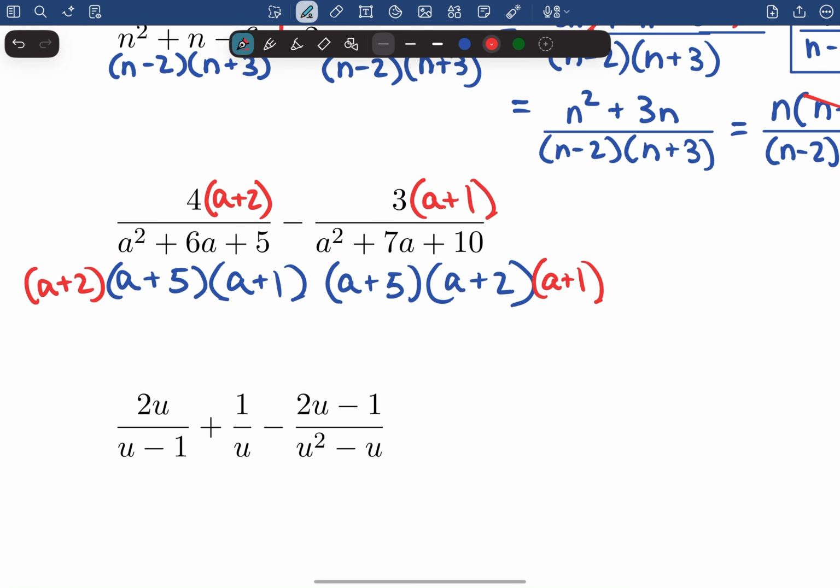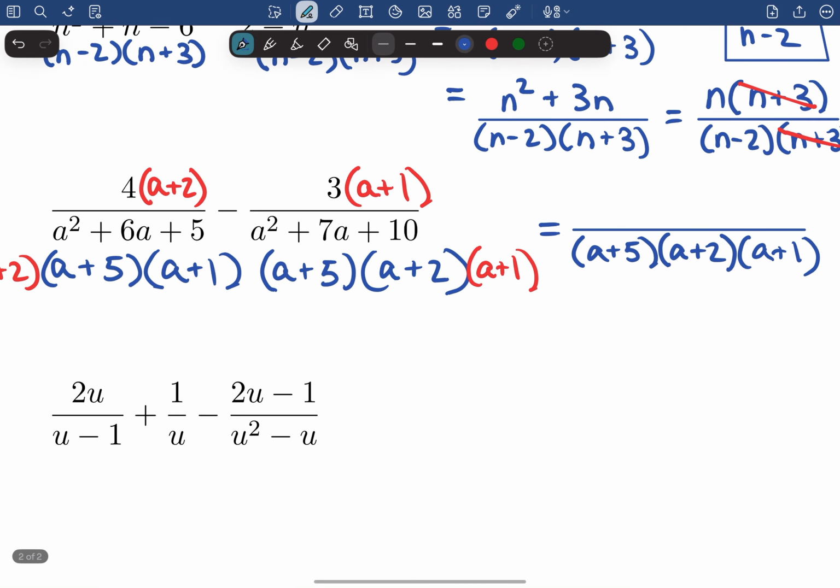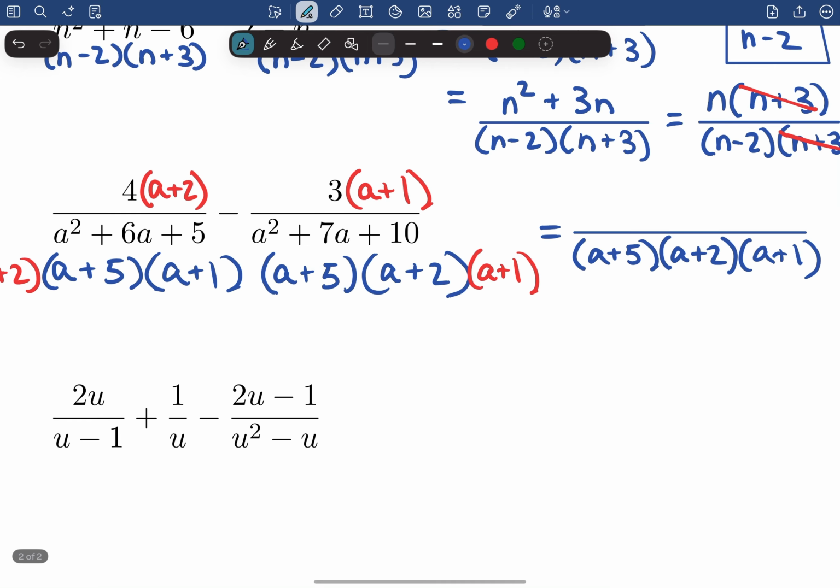We got it. So let's go ahead and write a result with the common denominator of a plus 5 times a plus 2 times a plus 1. And then let's clean up the numerator. Now's the time to clean up the numerator. So we're going to distribute this 4 to get 4a plus 8.